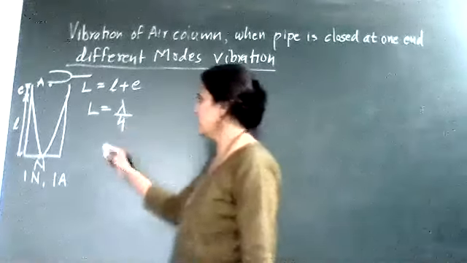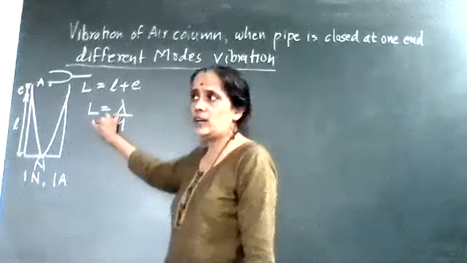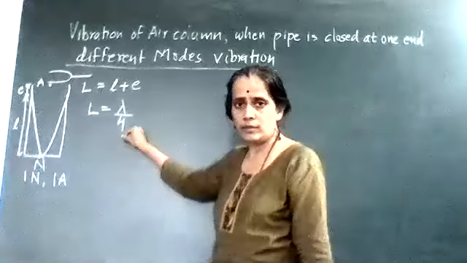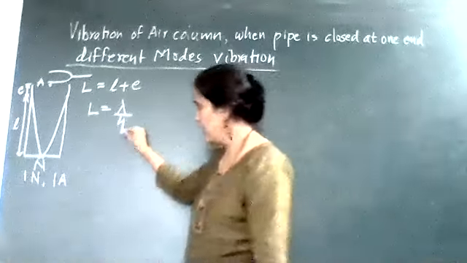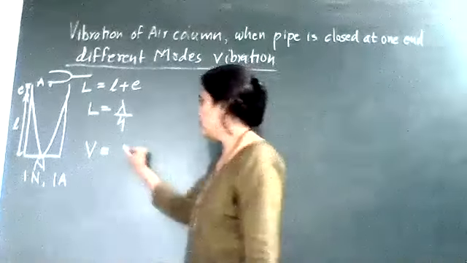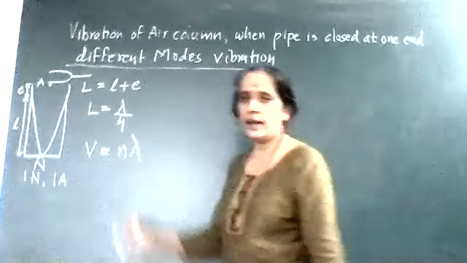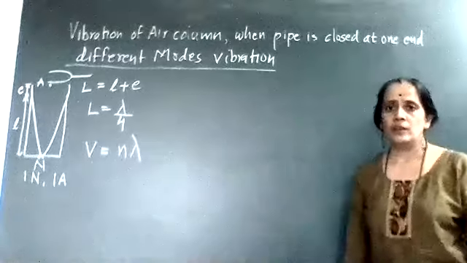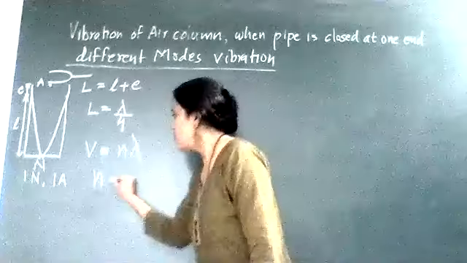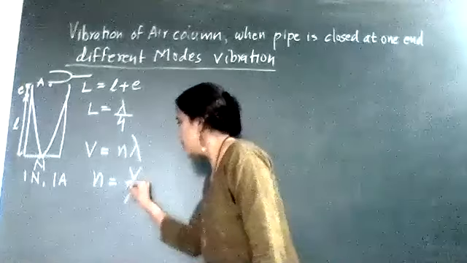So now I will write down here: length of air column is equal to lambda by 4. Fine? And hence I can write down the velocity of the sound wave, v, is equal to n lambda. Now if v is equal to n lambda, I can write frequency is equal to v upon lambda.